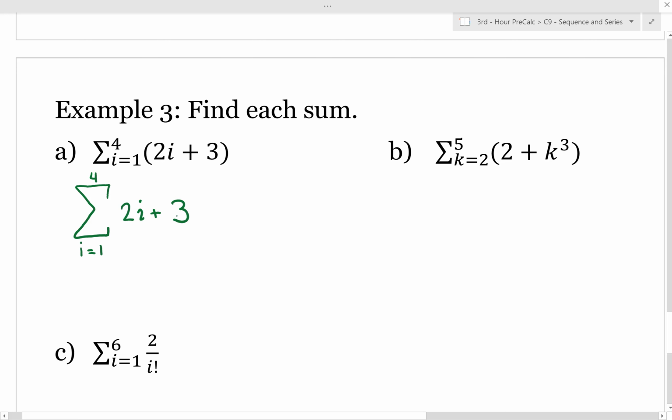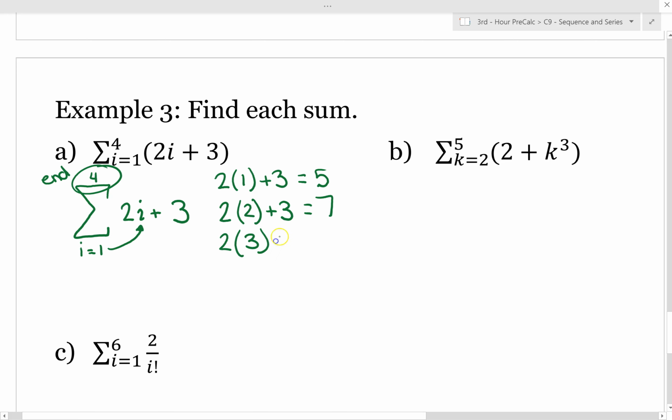Basically what this is telling me is that it wants me to plug in a 1. This is where I start. So 2 times 1 plus 3 is 5. And I go all the way until a 4. This is my end. So 2 times 2 plus 3 is 7.